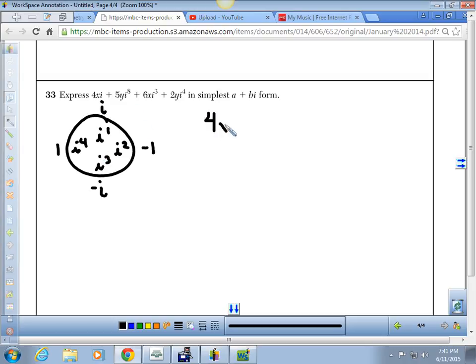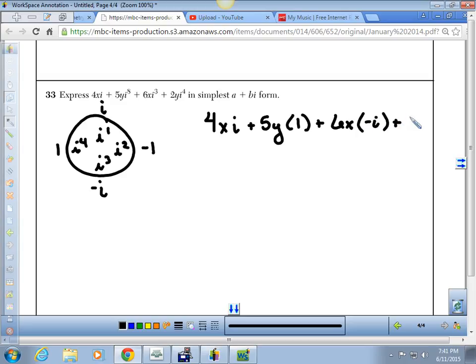So, there's nothing to do to the first term. That just remains 4x times i. But the second term is going to have 5y. What is i to the 8th going to be, folks? 5, 6, 7, 8. i to the 8th is 1. Plus 6x. What's i to the third? Negative i.